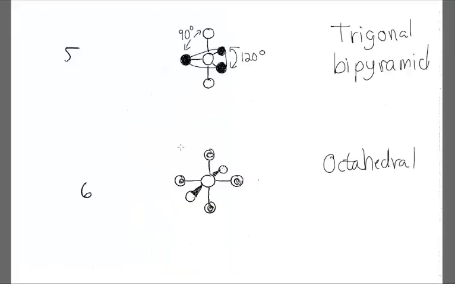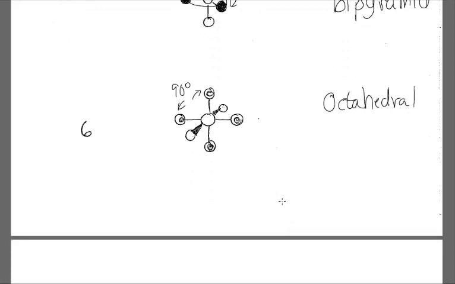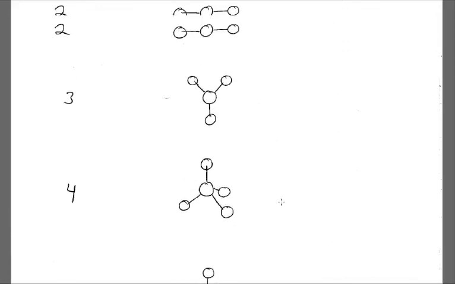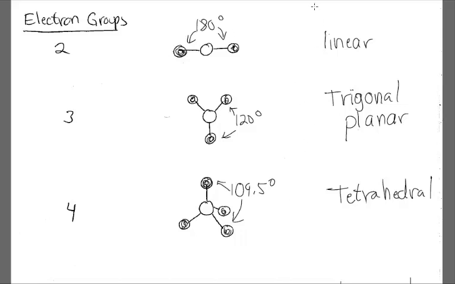Okay, so 90 degrees between any 2 adjacent ones. All right, so those are the different electron group shapes as they repel each other out. Now we're going to go through each category that I've listed here for electron geometries.